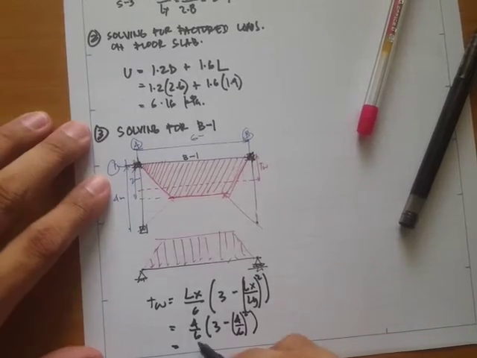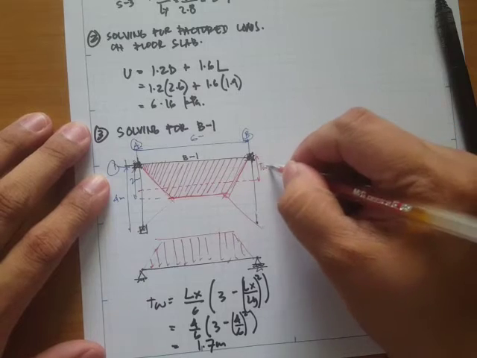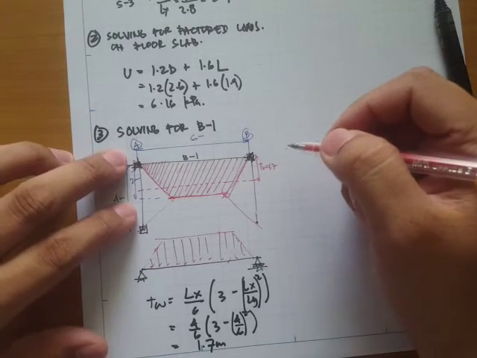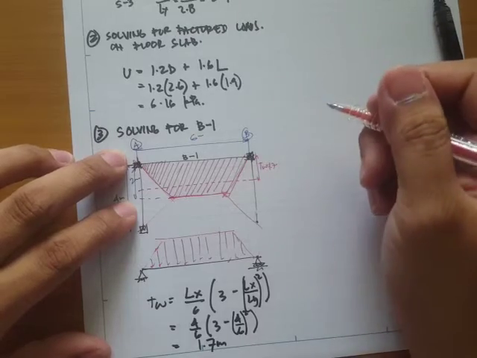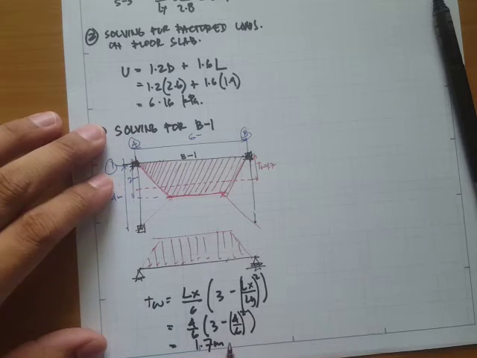We get a value of 1.7 meters. So you notice that our tributary width is 1.7 instead of using the 2 meters.